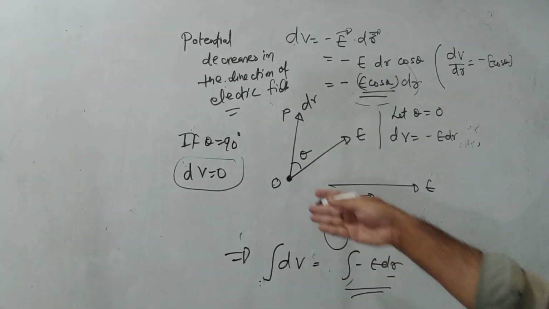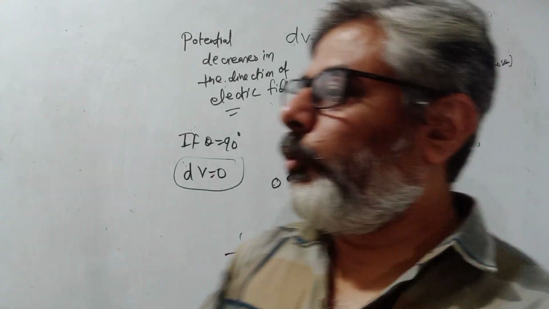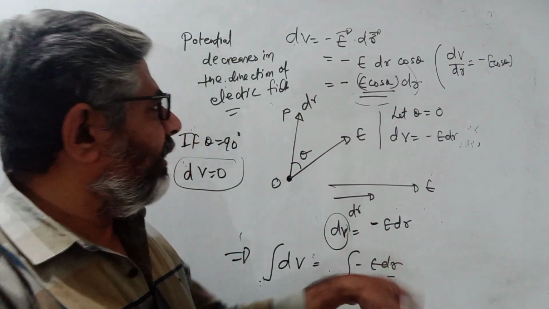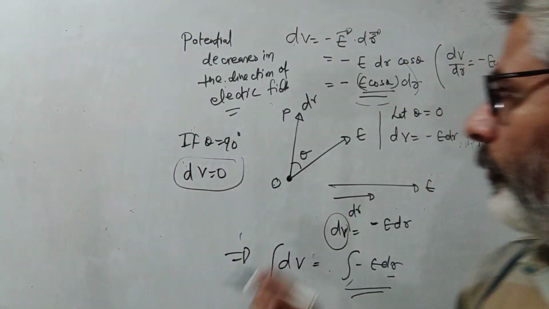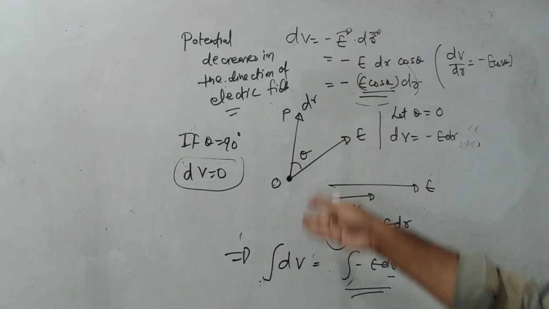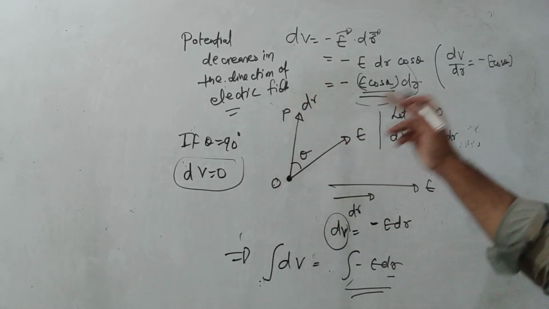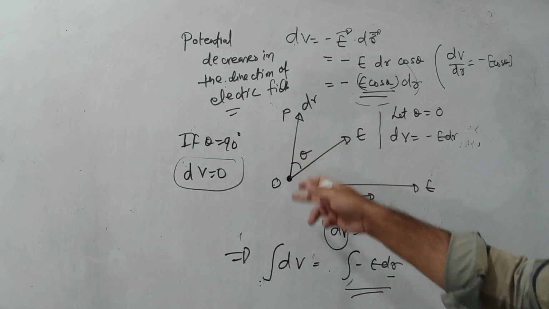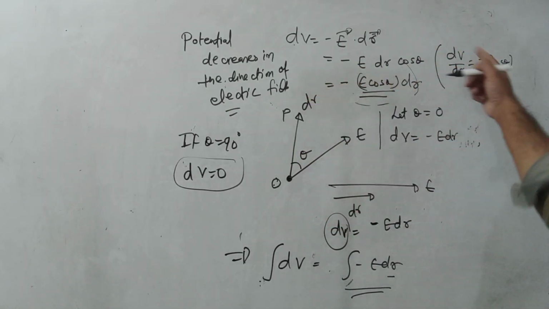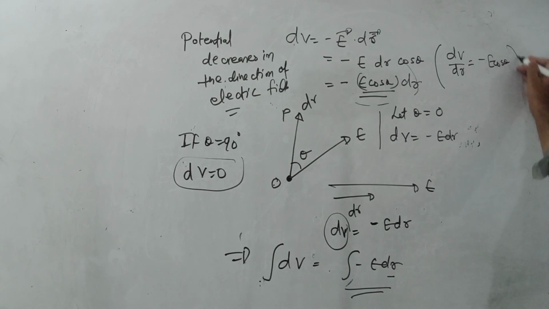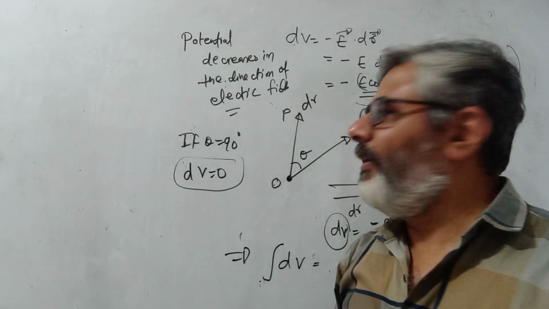Now dV upon dr, see, now we are doing the reverse. Earlier we were reaching potential from the electric field by integrating the electric field, now we are differentiating the potential. So I am going in a particular direction dr, and if the potential changes by dV, then dV by dr is the rate of change of potential in any direction, and that is equal to minus E cos theta, and E cos theta is the component of the electric field in this direction.